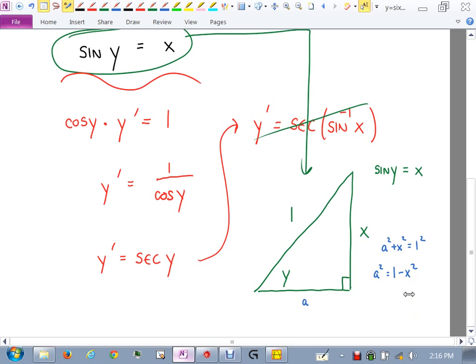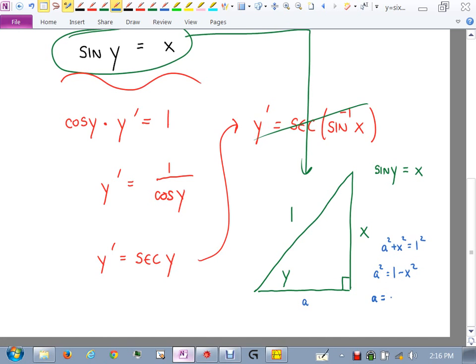Finally, taking the square root on both sides, a is the square root of 1 minus x squared. Everybody okay with this? Sure. So this side over here, I'll move the a up here, this side is the square root of 1 minus x squared.